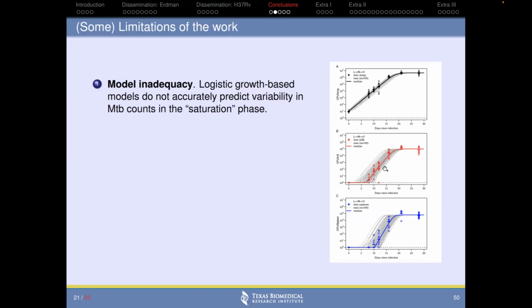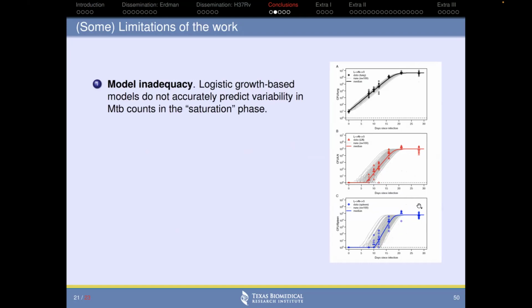What happens in the logistic model is that when you approach carrying capacity, and here you approach it in all these states, you don't allow any stochasticity in the dynamics, because the carrying capacity fixes you to one value. So a trajectory that went lower will still reach the same carrying capacity.